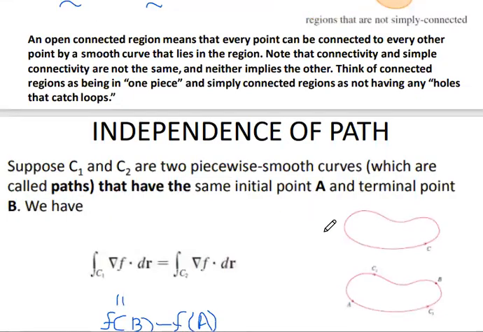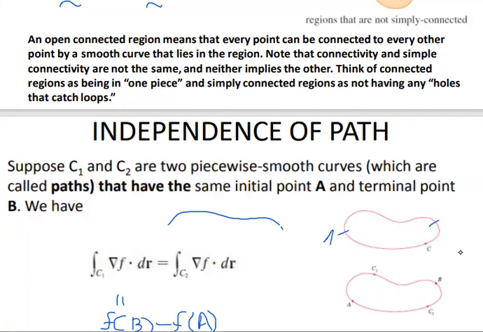All right, so let's consider a closed path, like this. I will put a starting point and an ending point on this closed path.